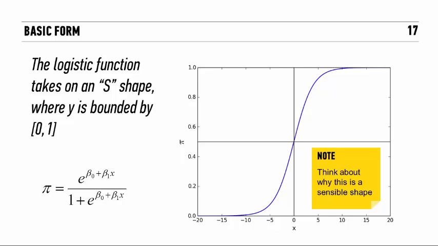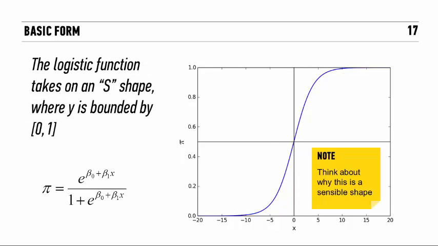As you approach the extreme ends of your input range, you have to increase your input a lot more to get a marginal increase in probability, versus these central values where just a small change will increase the probability. There's a lot that can be said about this shape. It turns out it's a very convenient shape for this particular problem.